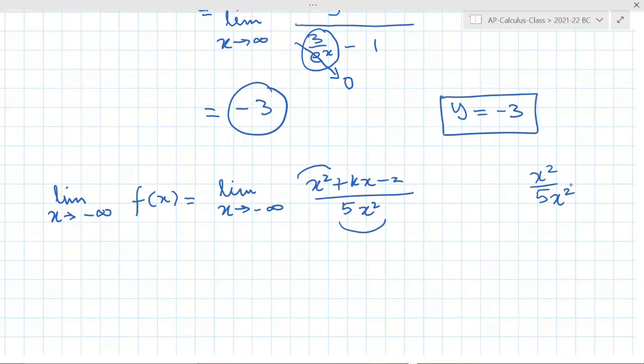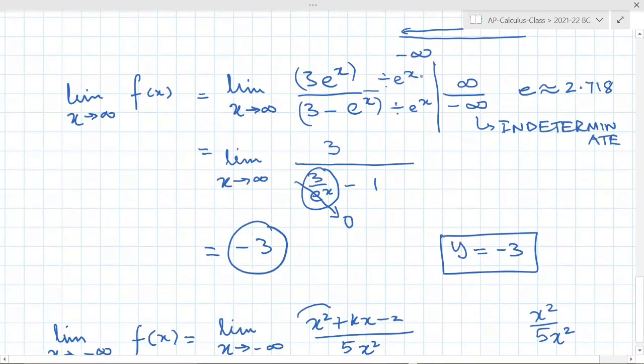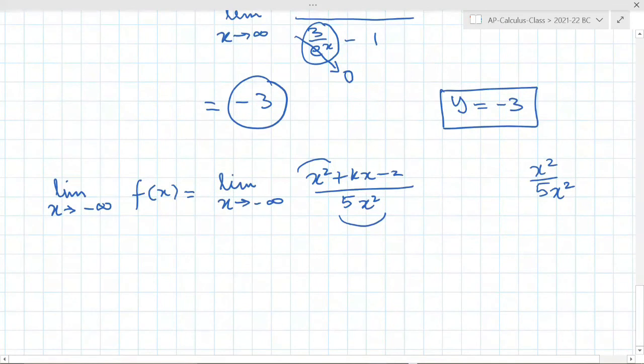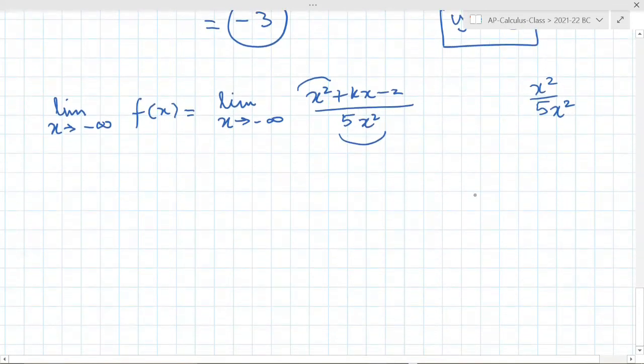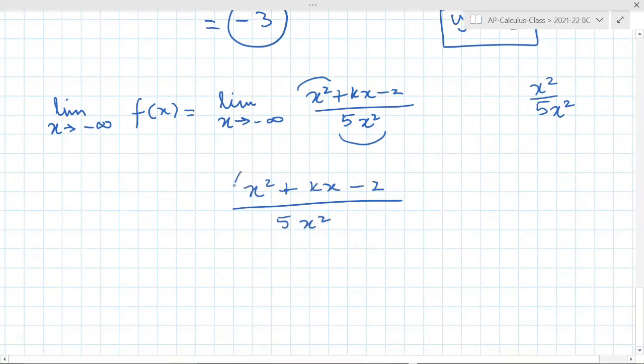But let me show you how. Like when the limit is x going to infinity, we try to get the infinity in the denominator. So I will write it like this. So what I will do is I divide this by x squared, and I also divide this by x squared. I can do that, right?